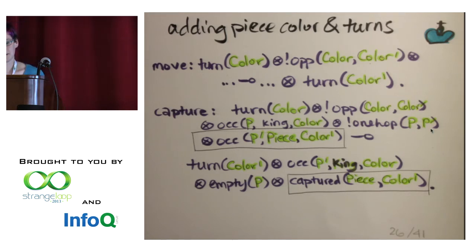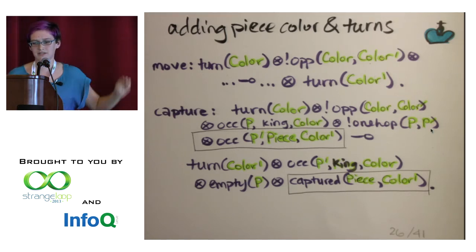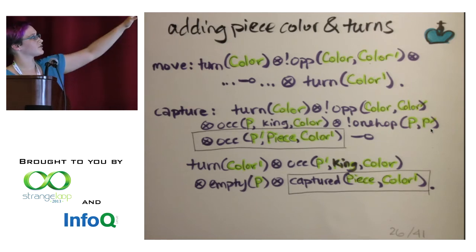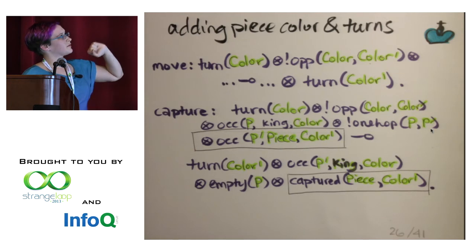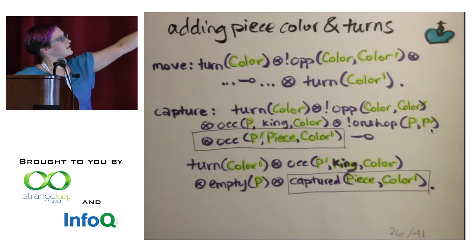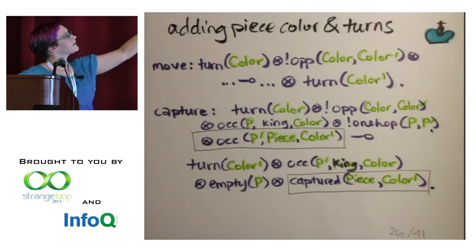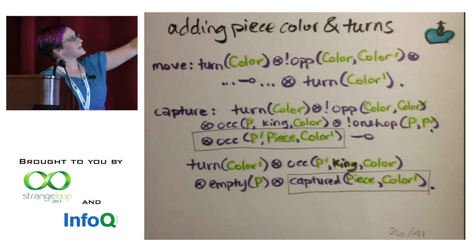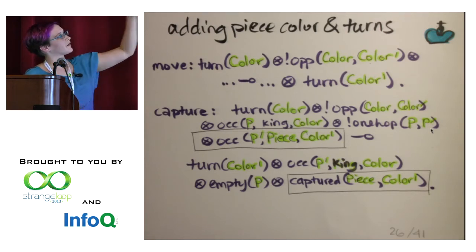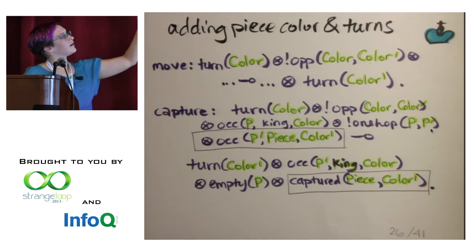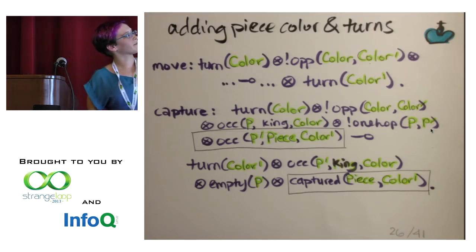And the capture rule. So we need to consume this turn token, and so then we look at the fact, I'm using OCC short for occupied. So the position P is occupied by king of the color, and one hop away. So we have some separately defined backward chaining predicate describing the spatial relation between cells.